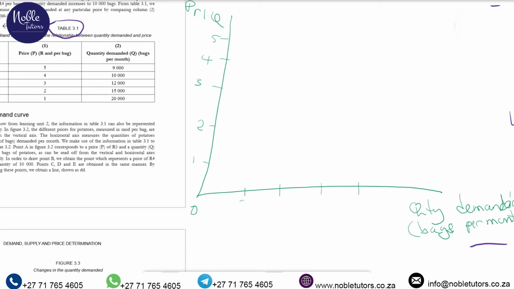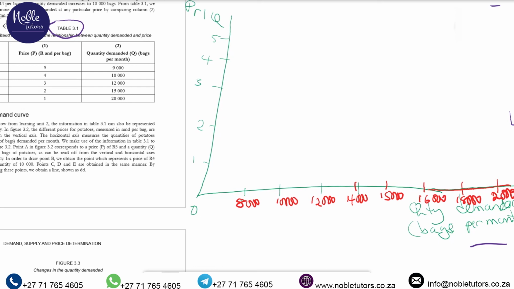Let us use the scale of the difference of say 2. So let's say 8,000 here, 10,000 here, 12,000, 14,000, 15,000, 16,000, 18,000, 20,000.